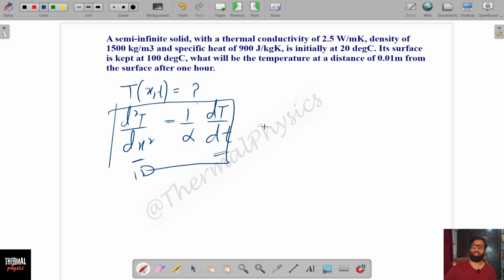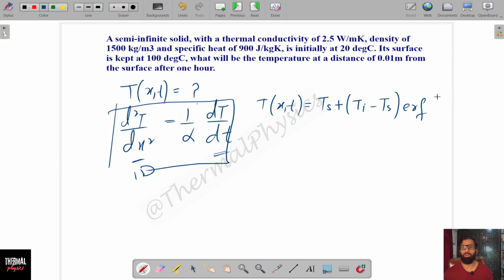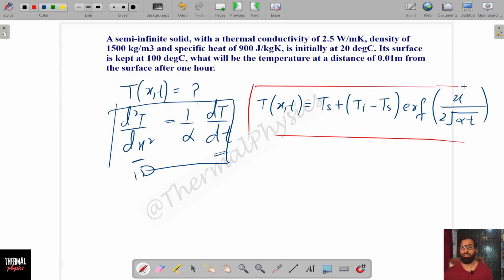When we solve this equation after applying appropriate boundary conditions, we get the value of T(x,t) ultimately, which will be T surface plus (T initial minus T surface) times the error function of x divided by 2 square root of alpha t. This is the equation that we get for the temperature distribution with space and with time.